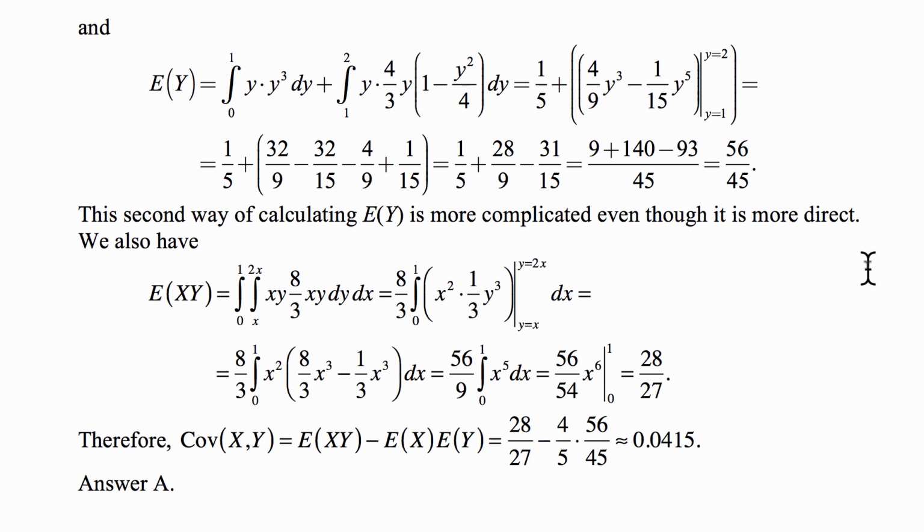For the first calculation with respect to y, the expression 8/3 x squared is basically a constant, and we're really doing the integral of y times y, so y squared, which is 1/3 y cubed, evaluated from y equal to x to y equal to 2x.